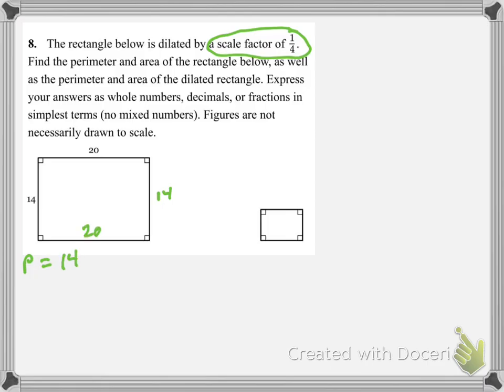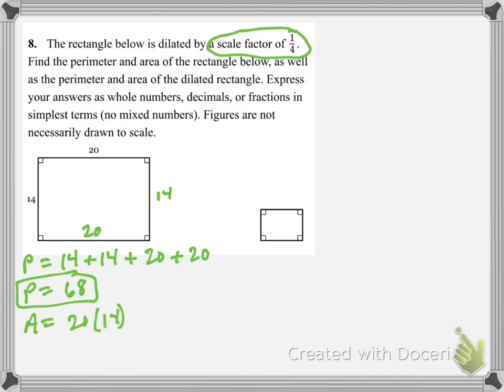So 14 plus 14 plus 20 plus 20. So my perimeter is 28 and 40 is 68. And my area, length times width, 20 times 14, which is 280.